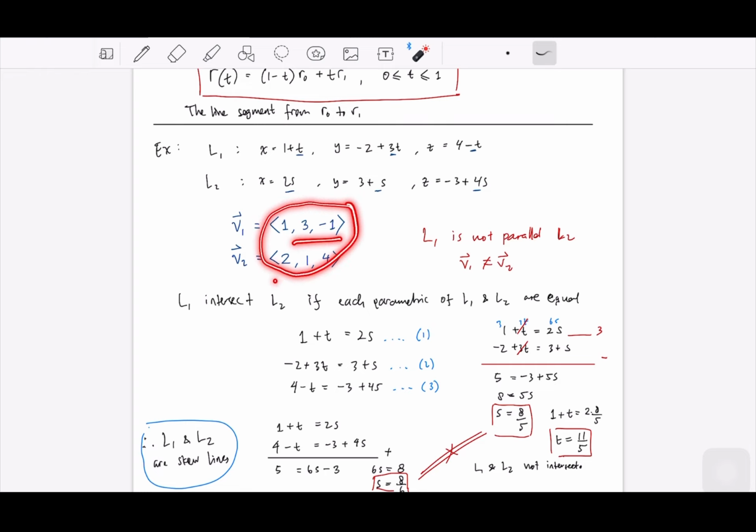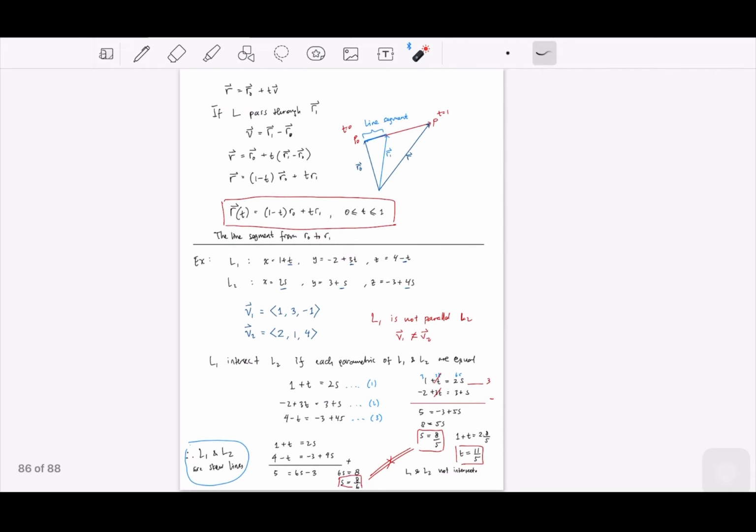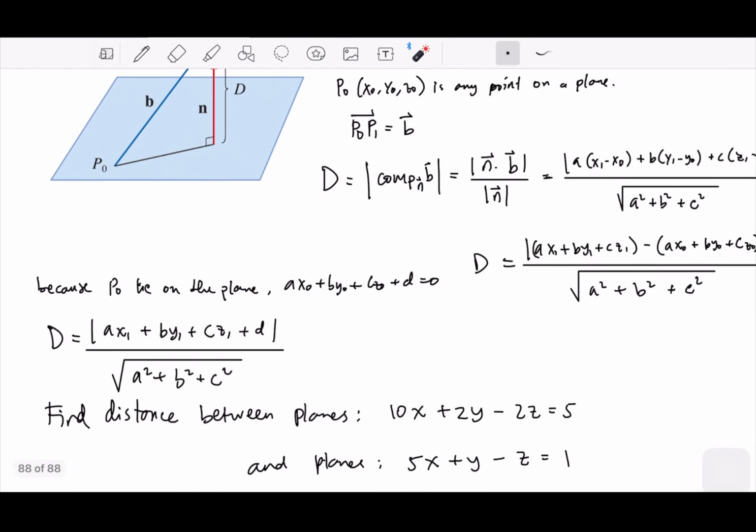The intersection can be checked from these equations. When you see any inconsistency, then your lines do not intersect. And for this case, line 1 and line 2 are skew.